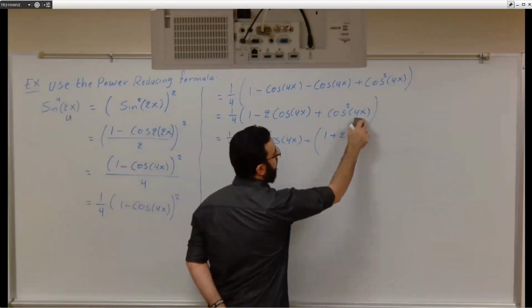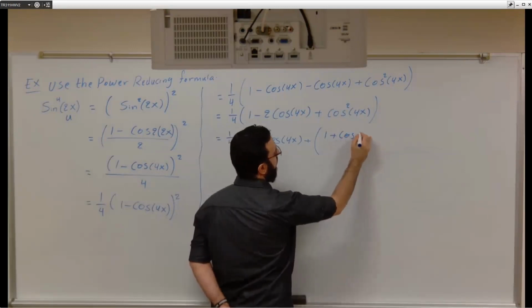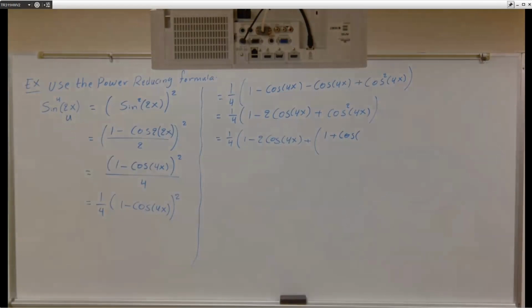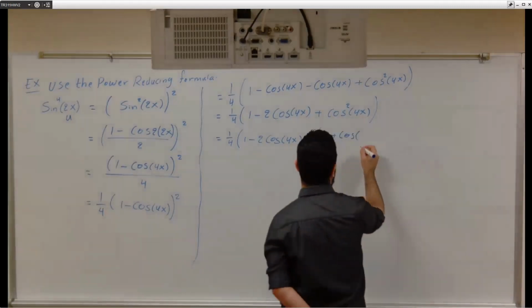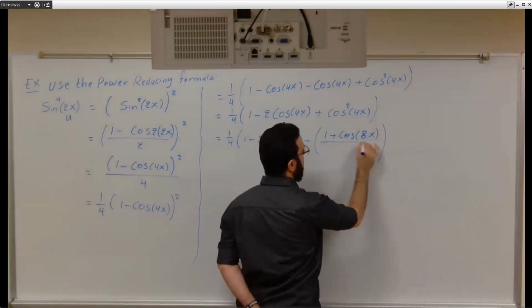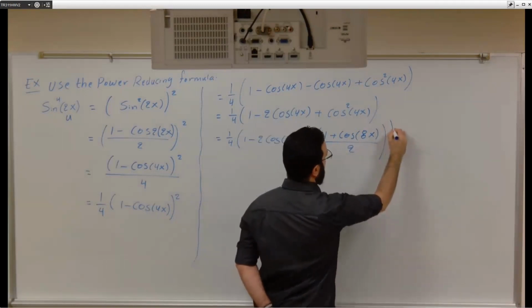How much is the u here? How much is the angle here? 4x. They're telling you you're going to multiply the angle by 2. So the angle I have, 4x, multiplied by 2 is going to be 8x. Divide by 2. That's the second parentheses.